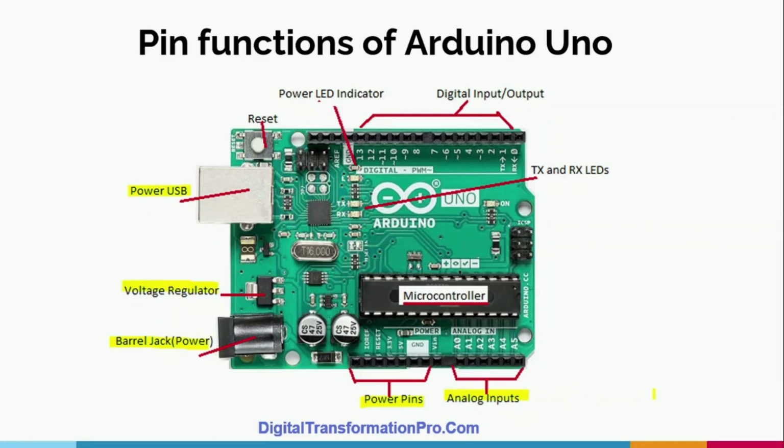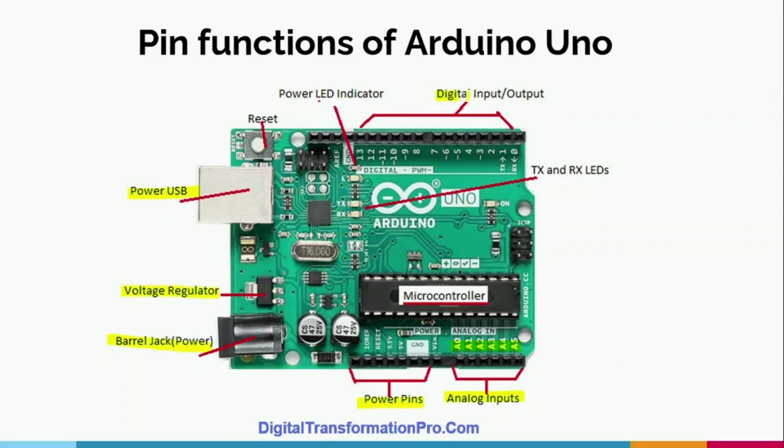There are 6 analog pins, A0 to A5. See here, which read the signal from analog sensors like temperature, humidity and gas sensors and convert it into a digital value so that it can be read by the processor, because the processor works with digital values only.